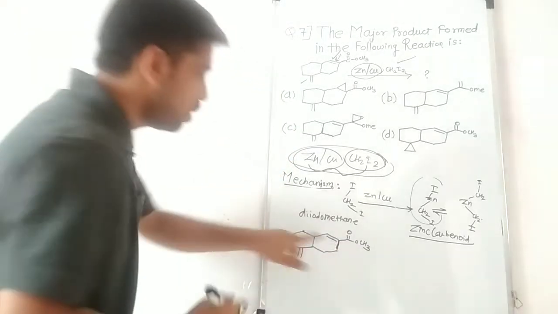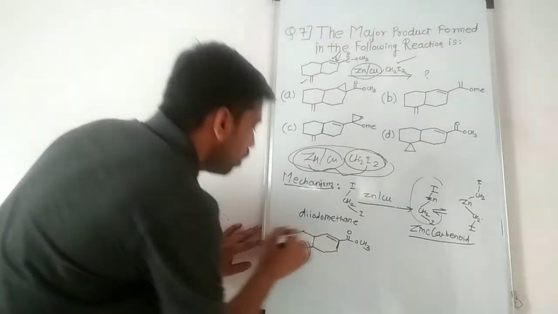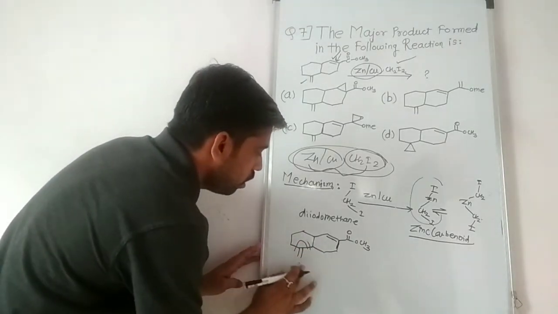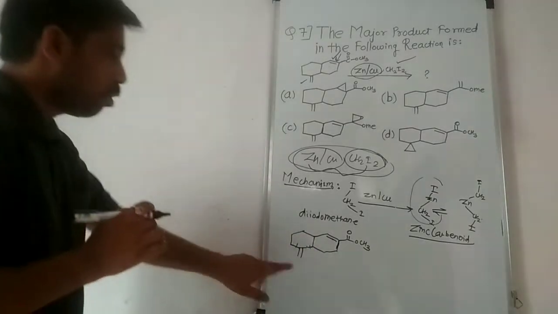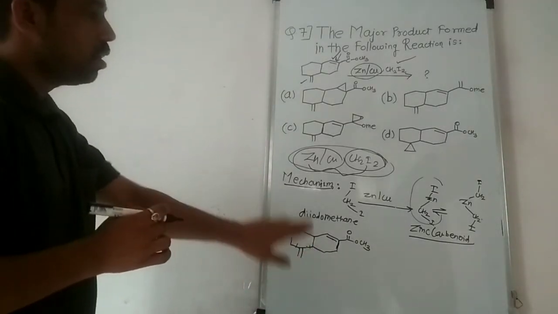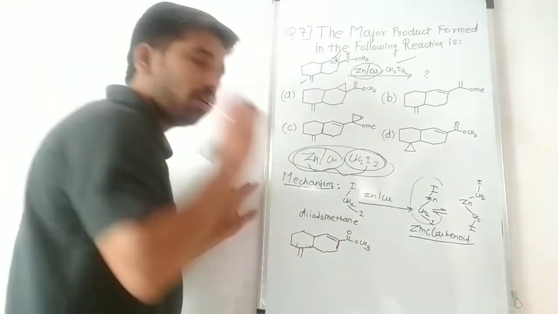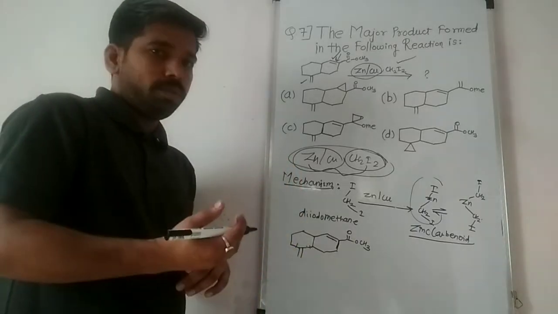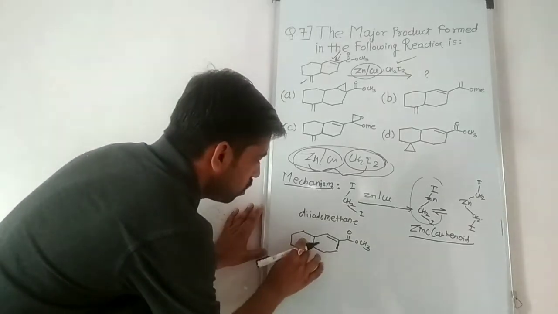It is an electron deficient double bond as compared to this double bond, because this one is an isolated double bond and it is electron rich. And we know the chemoselectivity of the zinc carbenoid is that it reacts with the more substituted or more nucleophilic double bond. So the reaction goes like this.